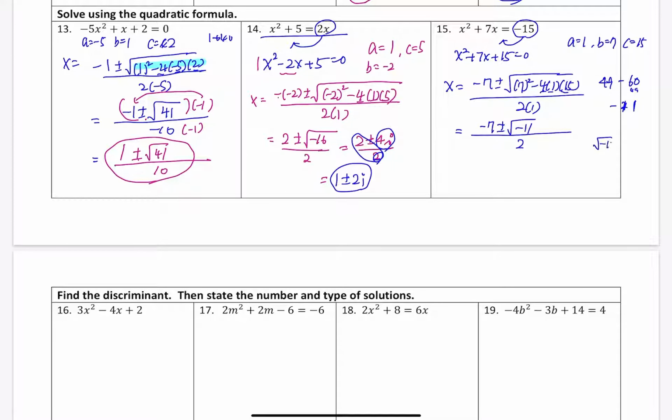Square root of negative 11 is i root 11. So negative 7 plus minus i square root of 11 over 2. We got two imaginary complex solutions.